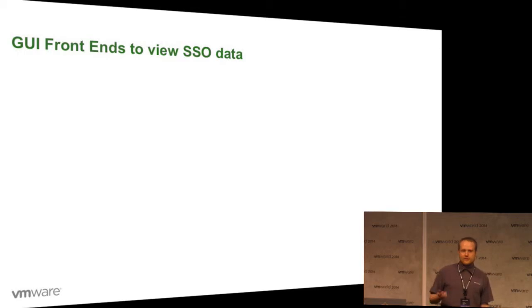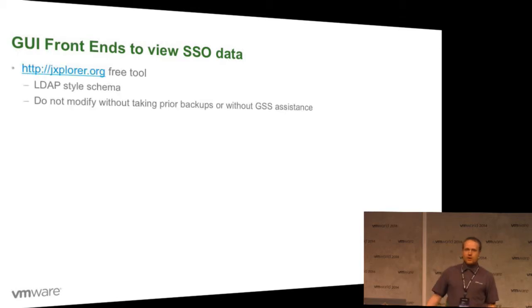interact with SSO. The first one would be a normal LDAP browser, like JExplorer. SSO under the hood, VMdir, is an LDAP style schema. So you can use JExplorer to actually connect to VMdir, and it is the lowest level of configuration you can actually touch in SSO.